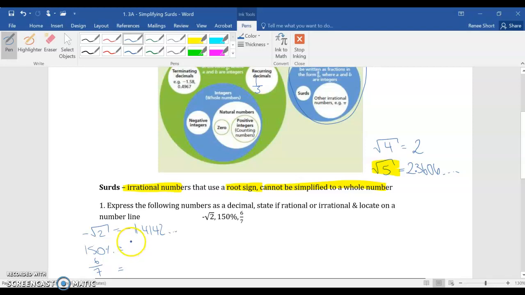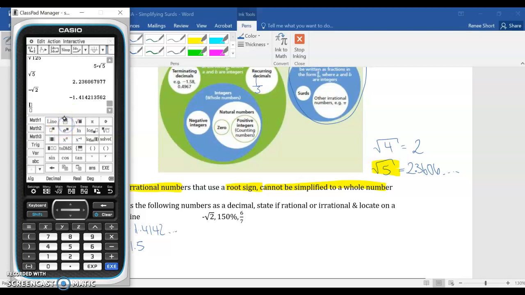150%, we could write that as a decimal as being 1.5, and 6 over 7, if we check that in our calculator, we get 0.857 etc. It continues on and on.